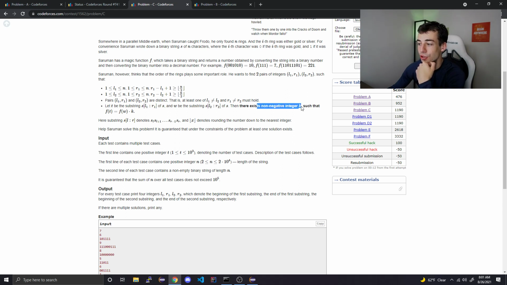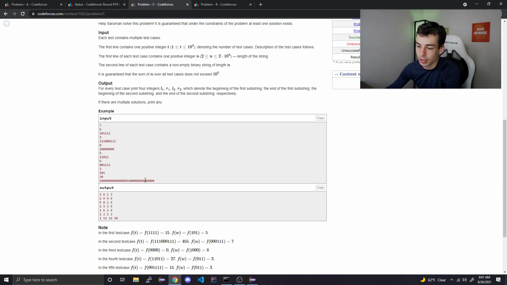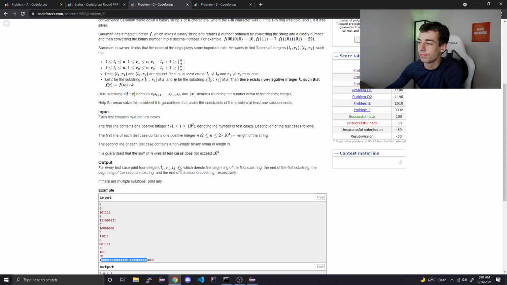A non-negative integer k. Oh, so f of t could be 0. Oh, yeah, so here's the thing. You try a really long string like this, right? Yeah, I guess try this, and then try it shifted over by 1, and then they might match. That's a good question.